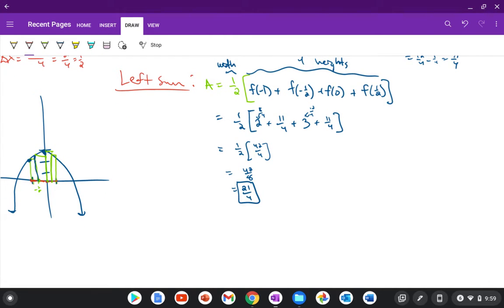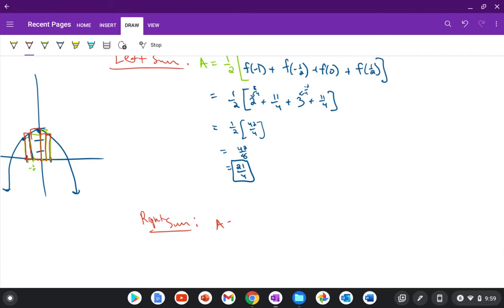All right, let's do our right sum. This will get easier and easier the more that you do. So for the right sum, we're choosing the right endpoint as our height. That one will be a little under, and this one will be a little bit over. So you can see 3 of these rectangles are over approximations and 1 of them is an under approximation, where with the left sum, 3 of them were under and then 1 was over.